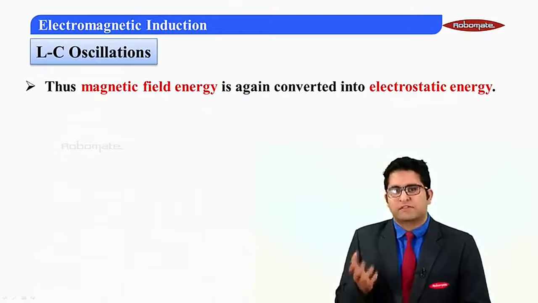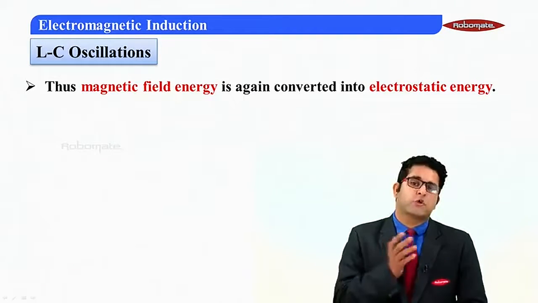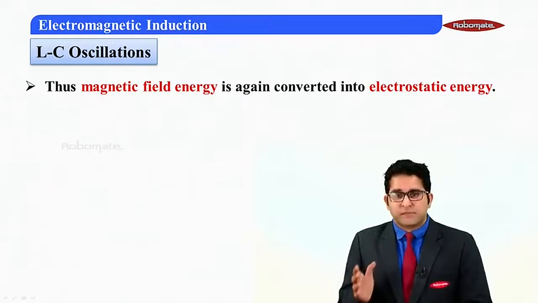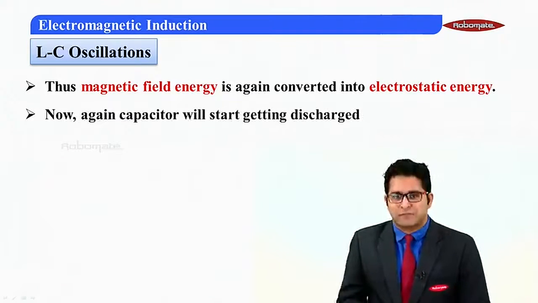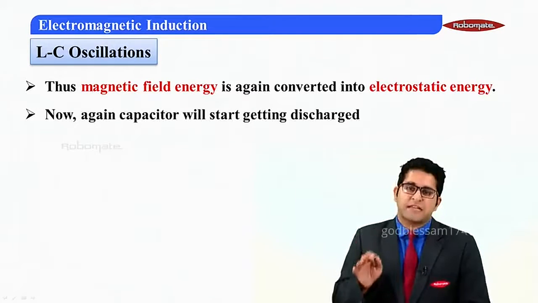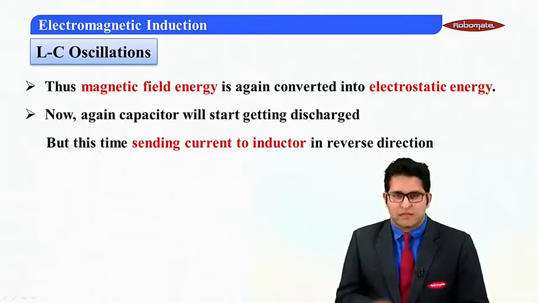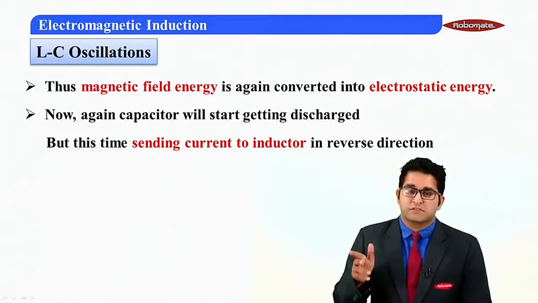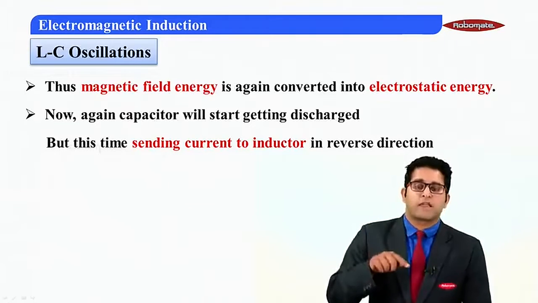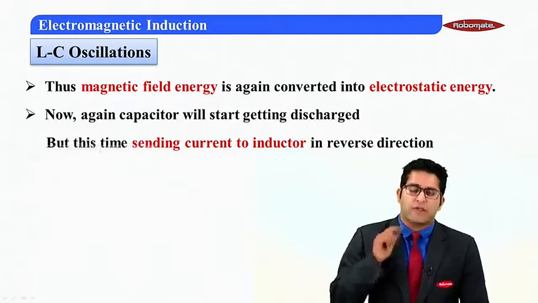Now again the capacitor is completely charged and there is no magnetic field energy, so the capacitor will get discharged again, but this time it will send current through the inductor in exactly reverse direction, right? Now see, the direction of current is reversed. Earlier it was clockwise, now it is anti-clockwise.